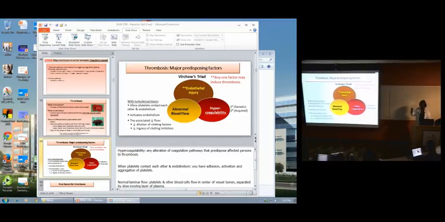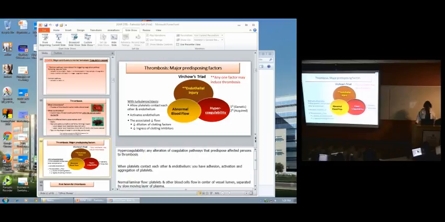So what they do is they activate the endothelium. Remember I said that when the endothelial cell layer is removed, you have the collagen that is beneath it in the extracellular matrix, and that's what actually initiates the process of thrombosis.